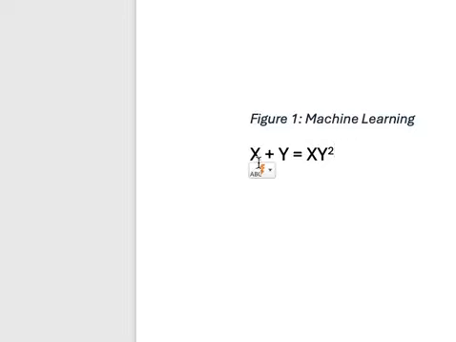This is an equation, right? And you want that equation to be numbered as well. You can use the same option here as in my figures. You go to reference tab, insert caption, and then select equation.